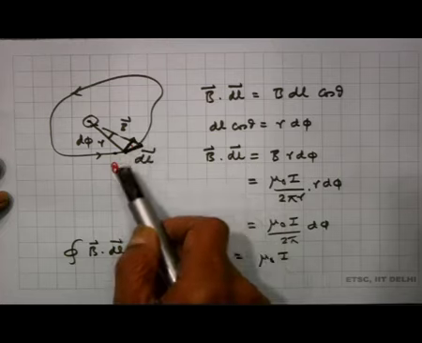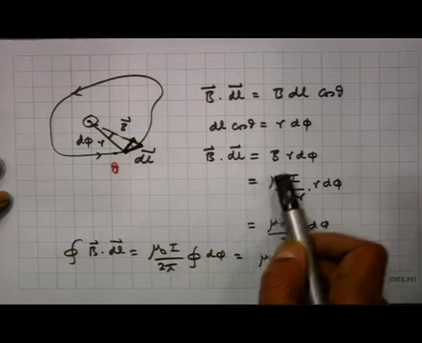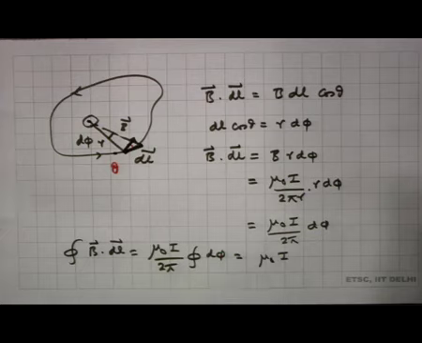Although B and dl are not parallel to each other, B dot dl happens to be B r d phi, and when I integrate I just get mu naught I.